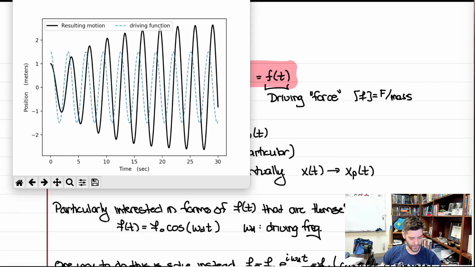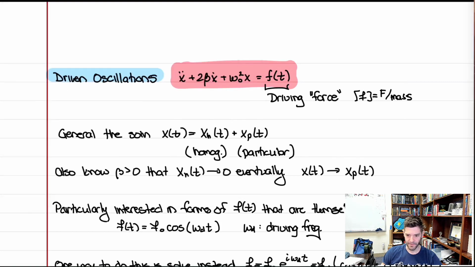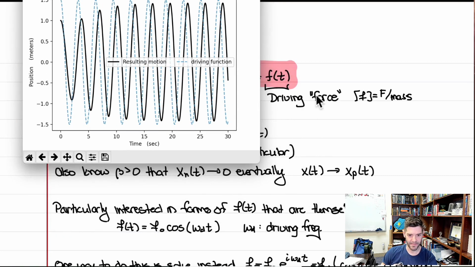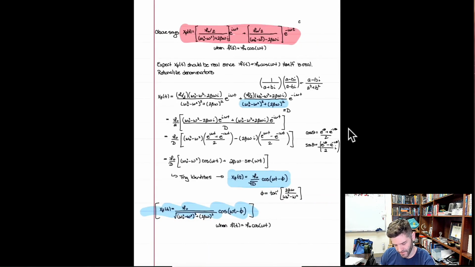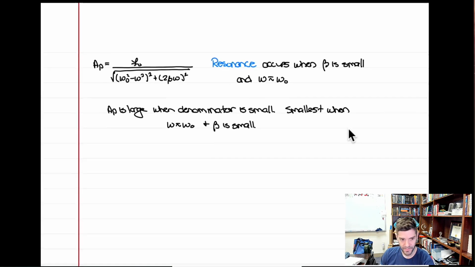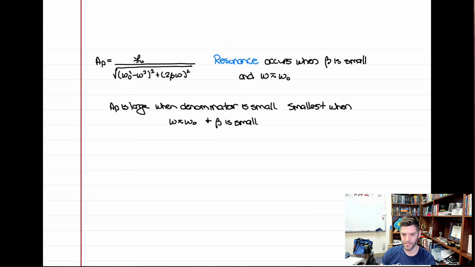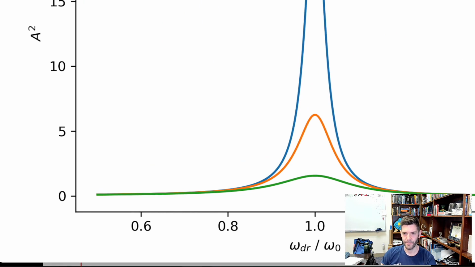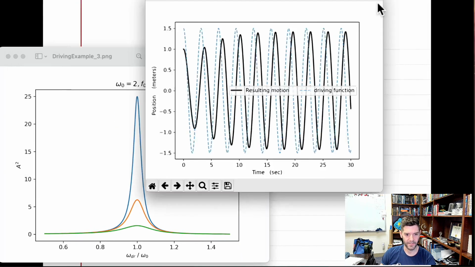And if I make friction bigger so that that dies away faster, right, notice that the amplitude grows initially, but then it kind of plateaus at the resonance amplitude that we would expect. Again, the amplitude that's given by that expression there, and that we matched, kind of relates to this particular function as well.